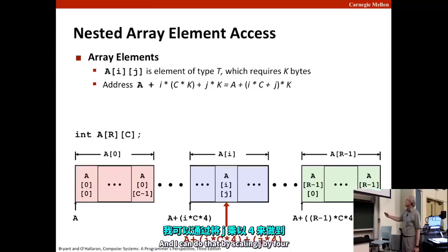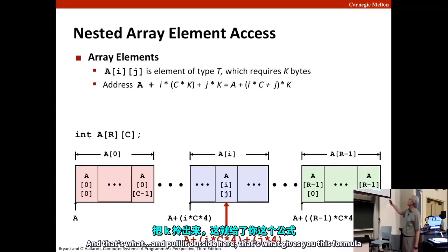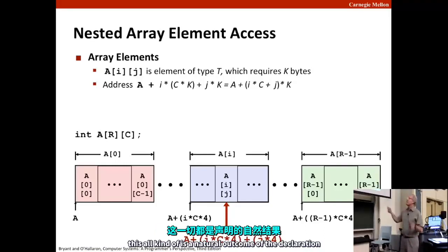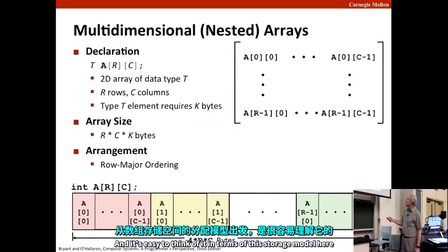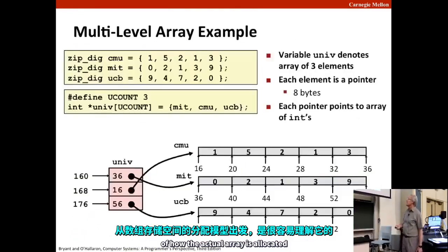And I can do that by scaling j by 4 and adding it to the beginning of this subarray. And now I can just collect the 4s together and pull it outside here, and that's what gives you this formula. So again, the point of this is that this is a natural outcome of the declaration, and it's easy to think of it in terms of this storage model of how the actual array is allocated.